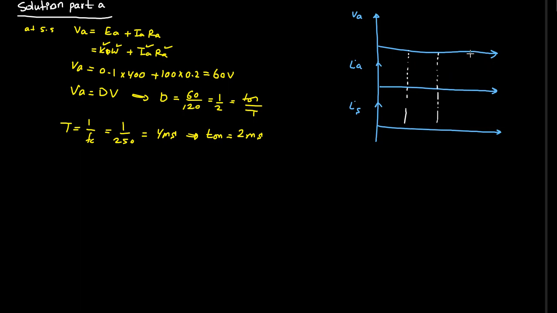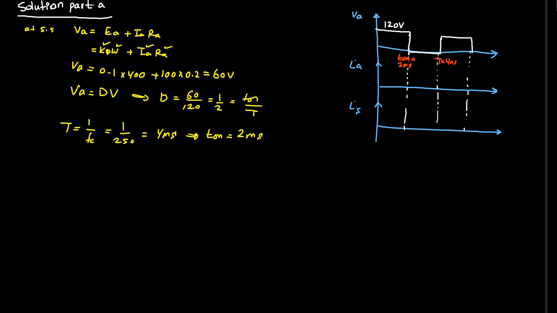So this is another T on. From 0 to 2 milliseconds of the T on, the voltage will equal the supply voltage, so 120 volt. After that it will equal 0, and this will repeat. So here this is T on, which equals 2 milliseconds, and this is the period T, which equals 4 milliseconds.